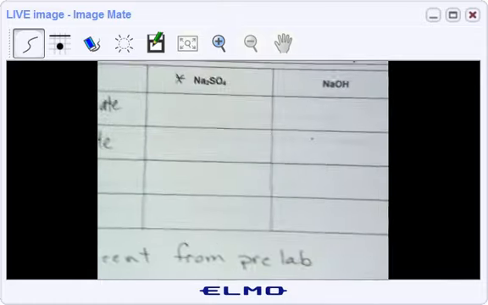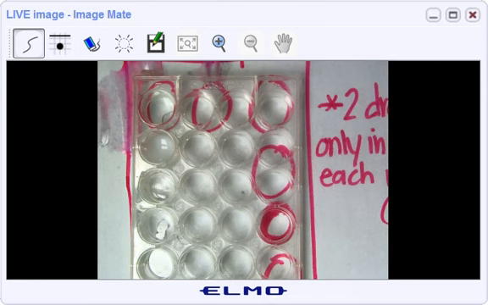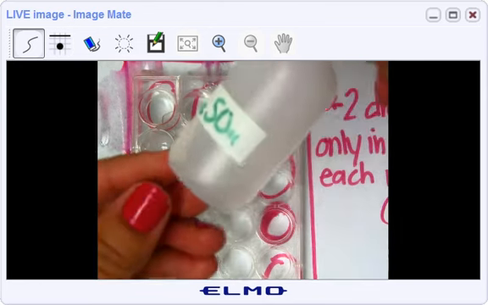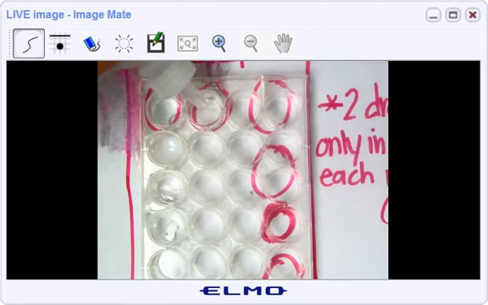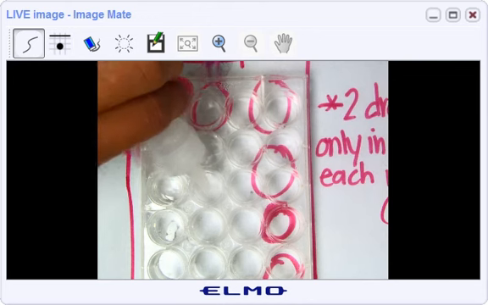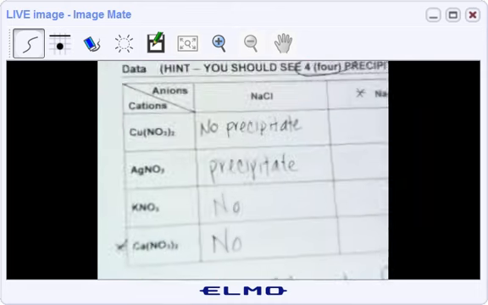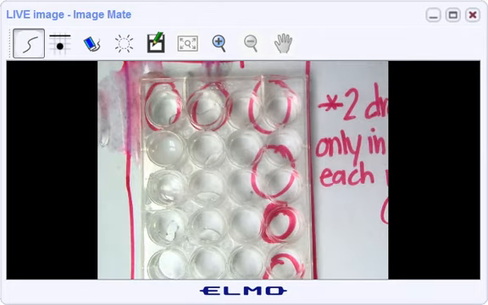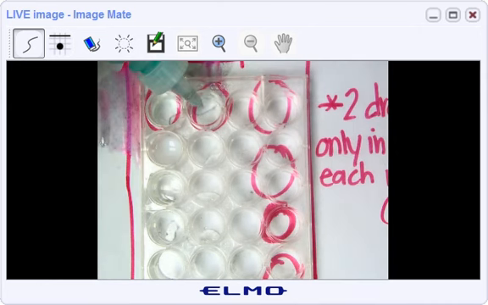Okay, now I'm going to go to row 2. At the very top goes Na2SO4, 4 down. So I'm going to find in my box Na2SO4, put 2 drops, 1, 2, 1, 2, 1, 2, 1, 2. And then I mix CuNO3. 1, 2.